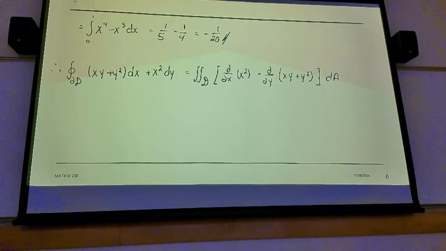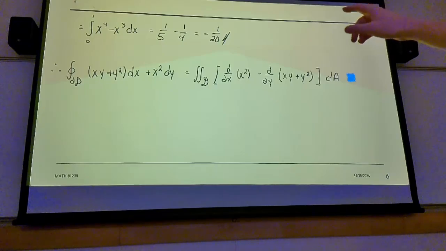Could you just remind us again, just trying to get a good grasp on this. Looking at that first part there, how would you read that? That's asking you for the line integral of the vector field xy plus y squared, comma x squared.